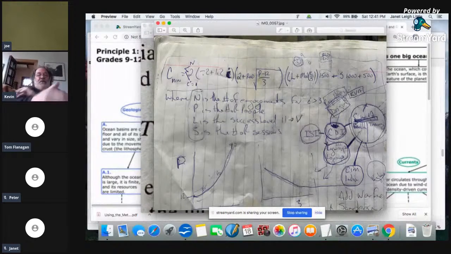I took the report from the project and counted the number of people that were participants and the number of facilitators on the facilitation team. In this formula, P is the number of people. And C min is the cost model.